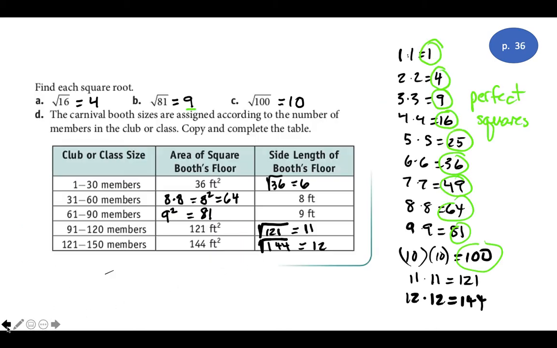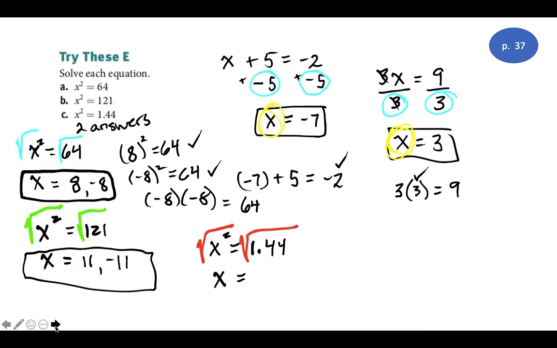Well, I know that 12 times 12 is 144. So I know the number 12 is going to be in here. But 12 times 12 is too big. I want just 1.44. Notice there are two decimal places.